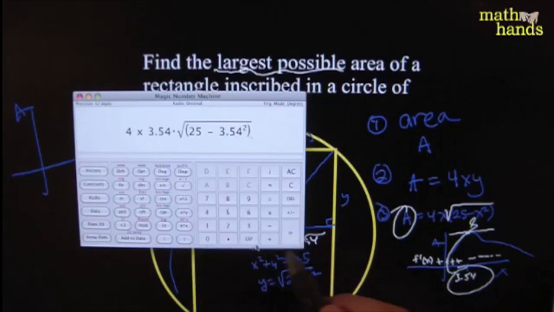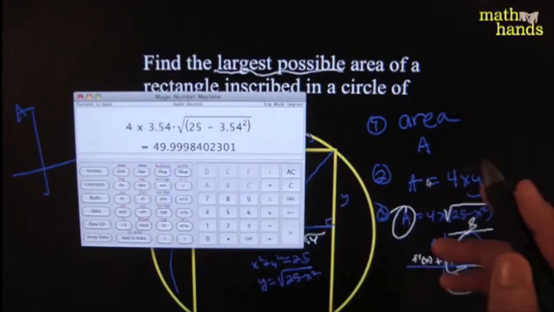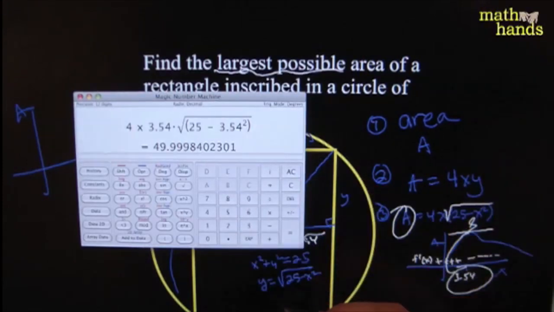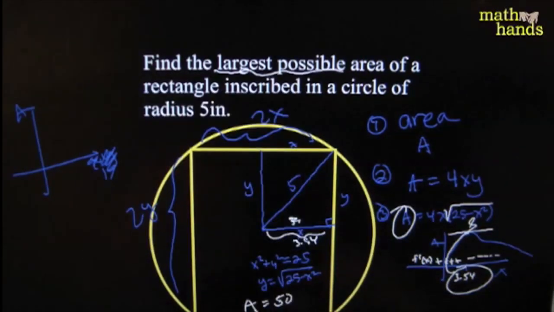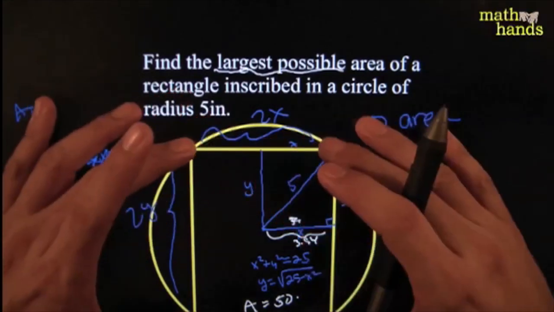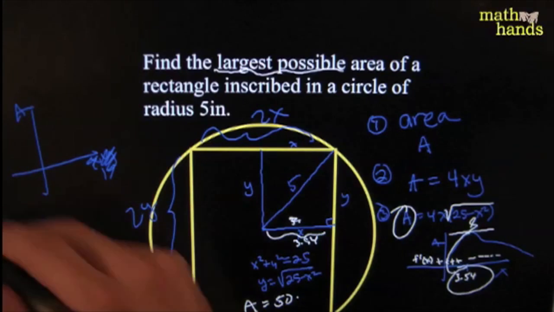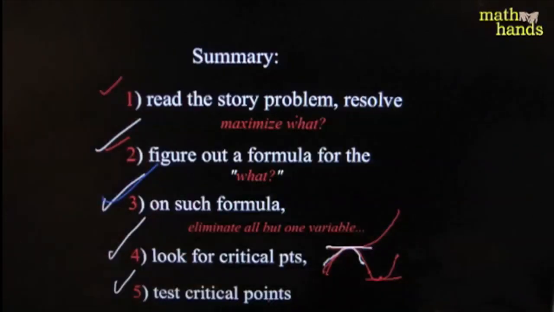Okay, close the parentheses. Bam, right there. That's the largest possible area: 50. The maximum area of a rectangle inscribed in a circle of radius 5 is 50. Following the recipe. Boom, boom, boom, boom, boom. Told you.